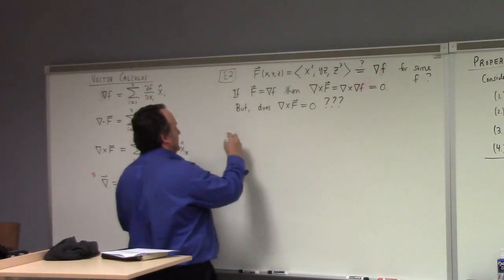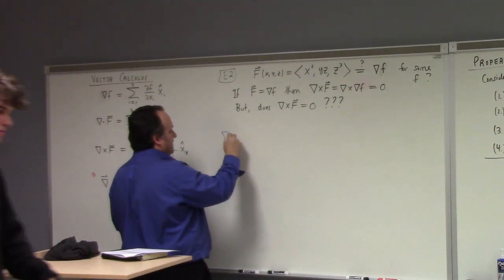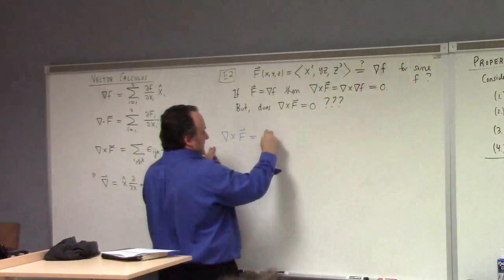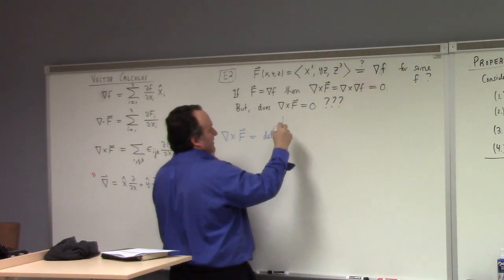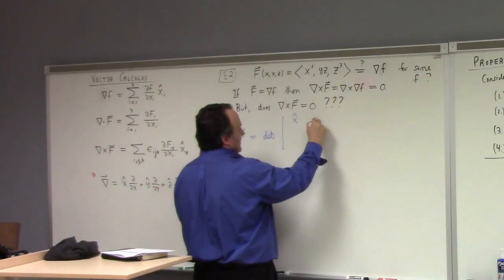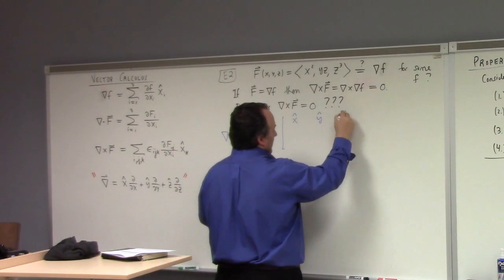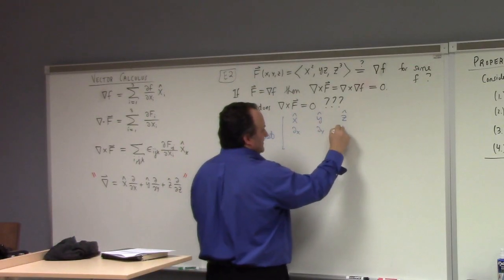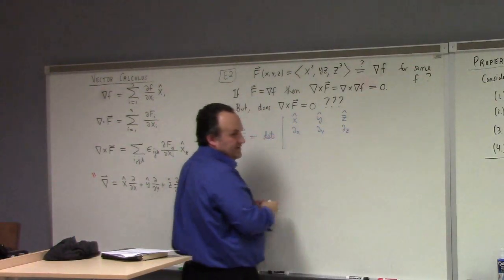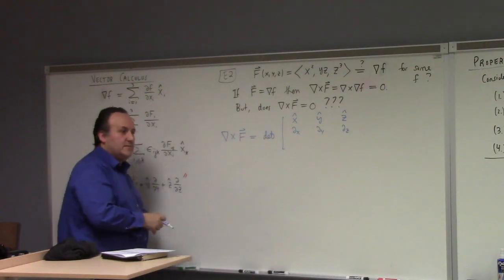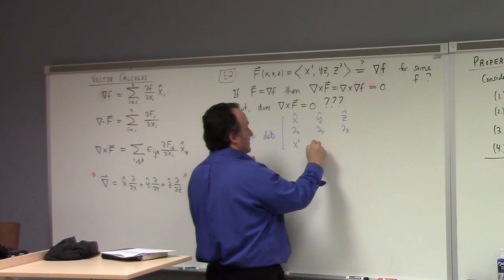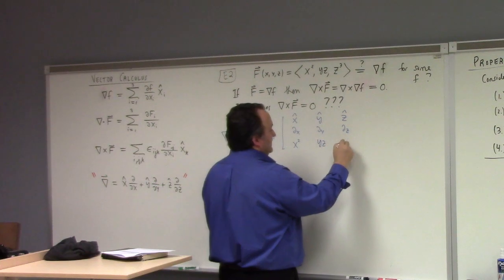Now, if you guys want, let me introduce yet another notation. This is just a mnemonic, right? But maybe you guys like this more. And if you like it more, you can use it. I don't mind. Just use it correctly. I like the notation partial x, partial y, partial z. It's less writing, but it gets the thought across just fine, right? Now we got x squared, we got yz, and we got z cubed, right?